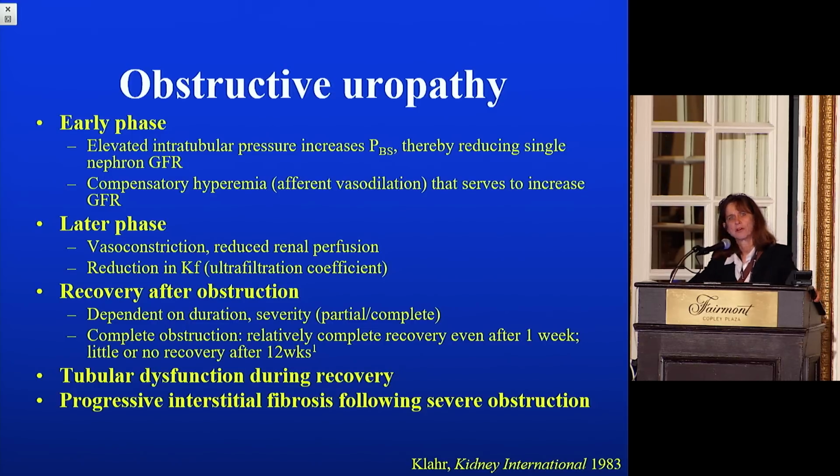So what causes the decline in GFR? Well, typically, this is elevated intratubular pressure gets transmitted back to the kidney. Recall that the driving pressure for GFR is going to be the pressure gradient between your glomerulus and Bowman space. Typically, the pressure in Bowman space is extremely low, and the pressure is defined by the difference between blood flow between the afferent and efferent arterioles, right?